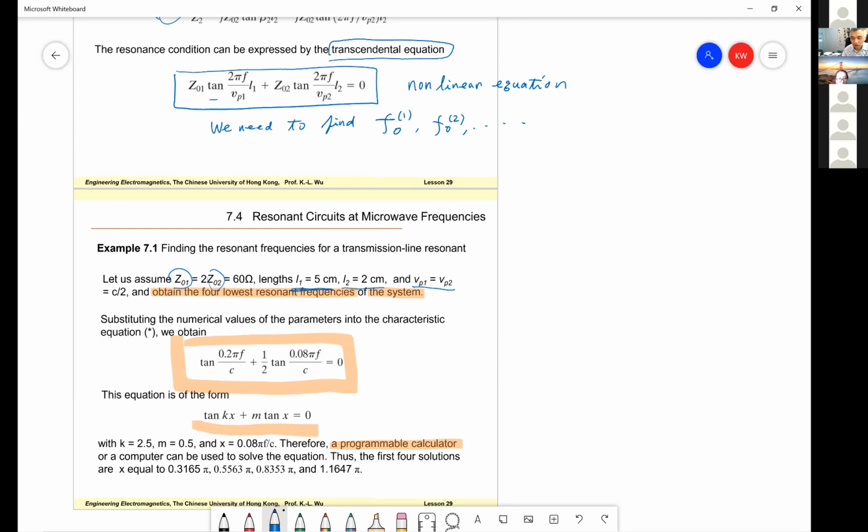If I do this problem, I define a function, a capital F, which is a function of f, equal to this expression.